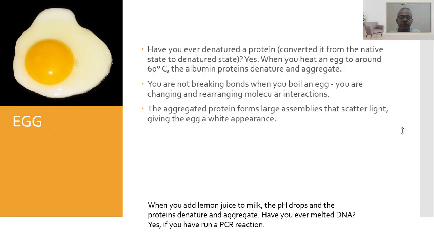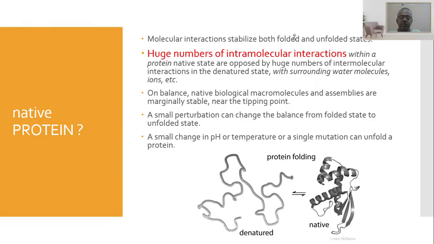I want the answer in the next session. Okay, so a very simple phenomenon. pH disturbs the molecular interaction because these are non-covalent interactions, easy to break because of shifts in the pH, shifts in the temperature. A slight shift in pH and temperature can denature these proteins.